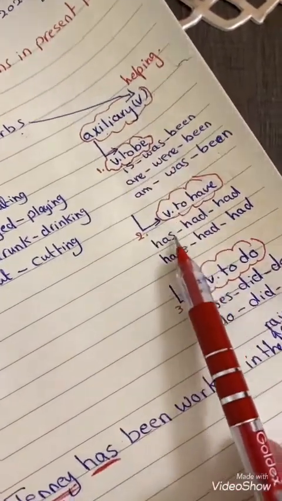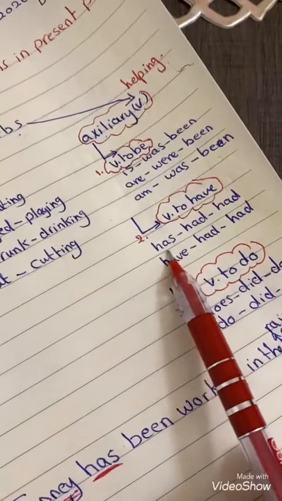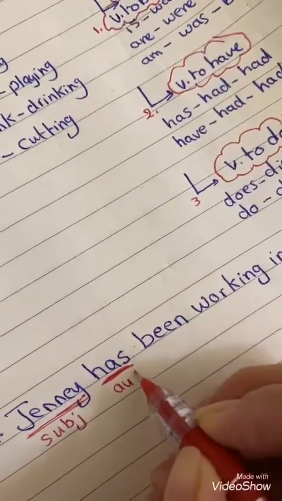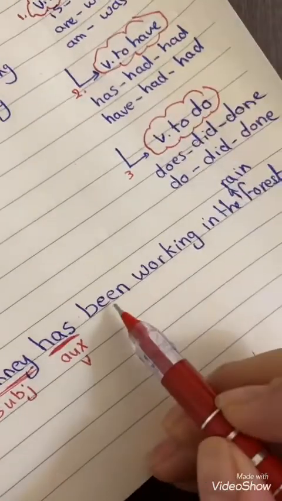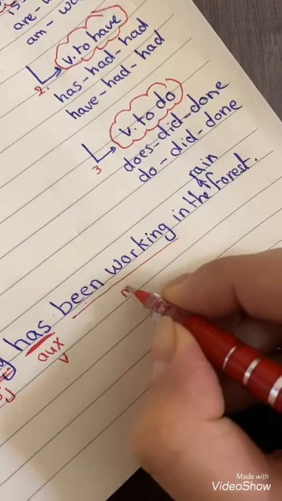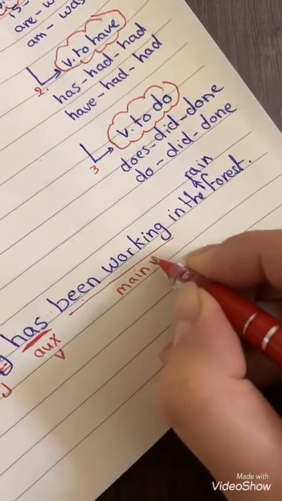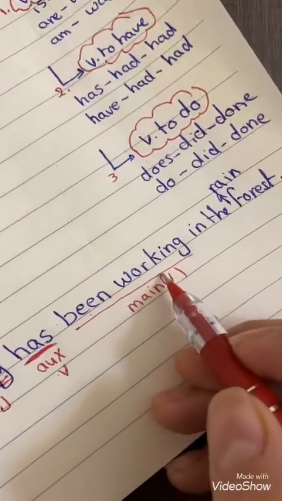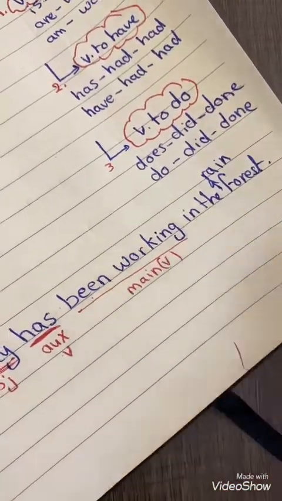It is an auxiliary verb. Been working is a main verb. So the first verb is an auxiliary verb, and then we have the main verb.